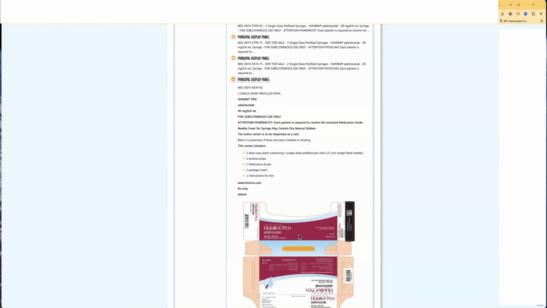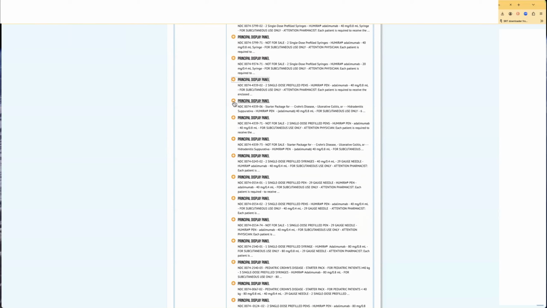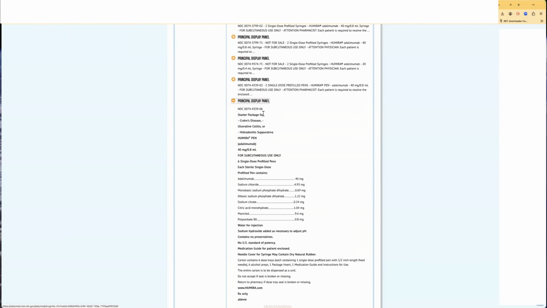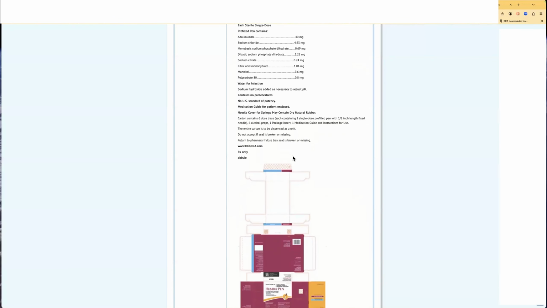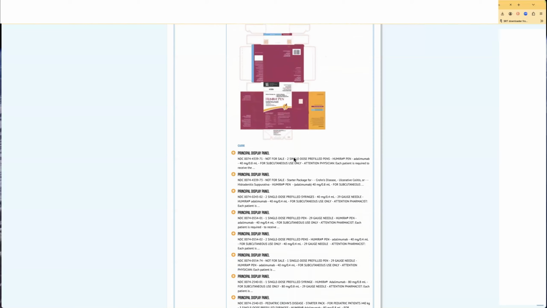So these are all the graphics or the images of the package. And for each of the formulations, we do have a different package. So here we have the principal display panel. So this is what we have.